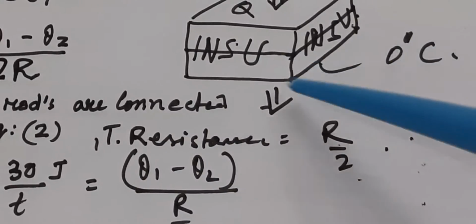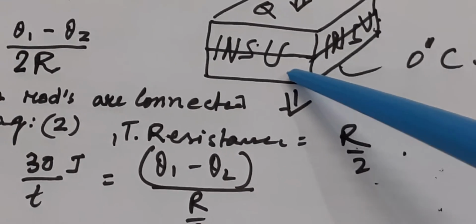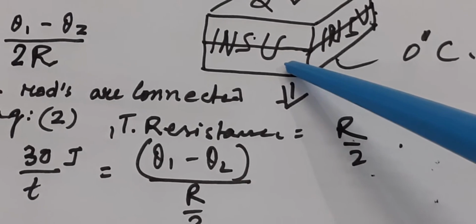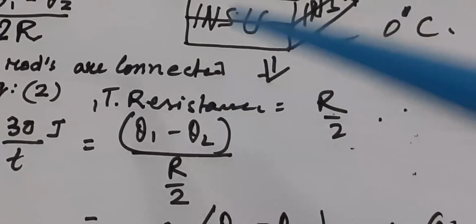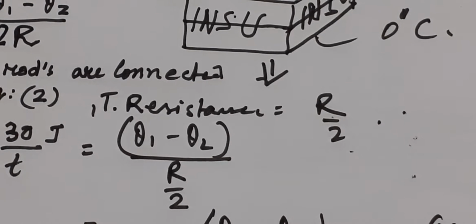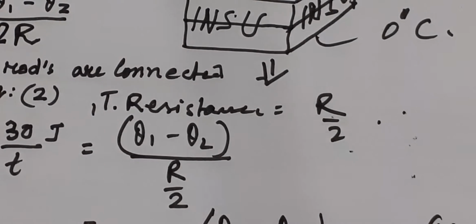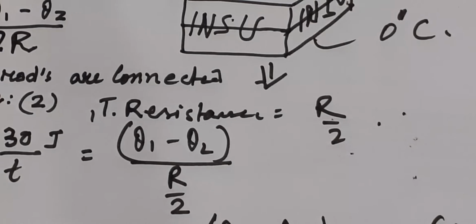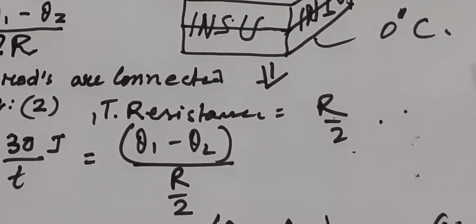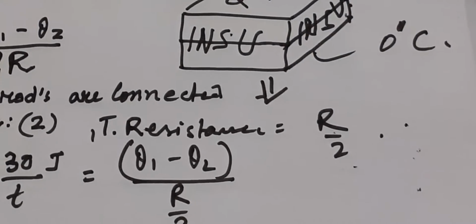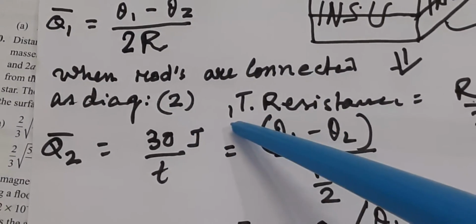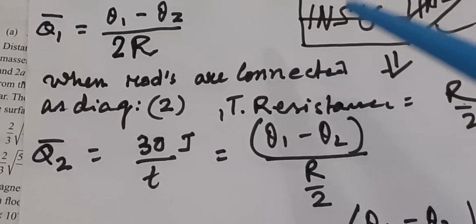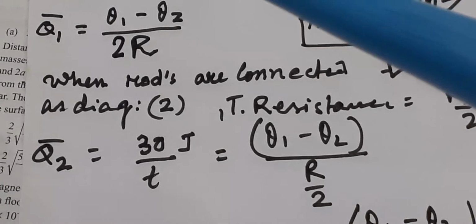Now when it is arranged in this way, the resistances will be in parallel connection. I mean here the equivalent resistance is the product of the resistances divided by R plus R, I mean R by 2 will come. Now here the heat amount is given, 30 joules, and we have to see how much time it will take to flow.